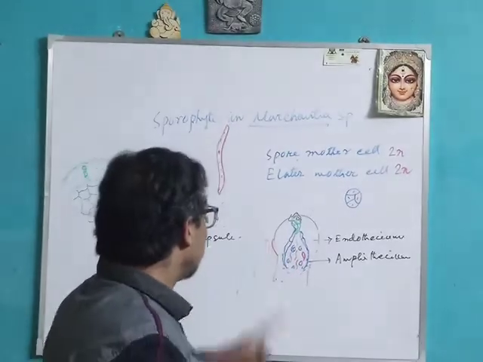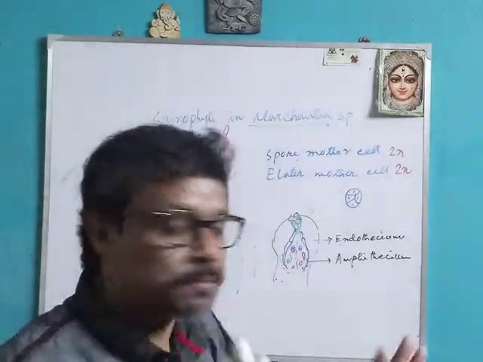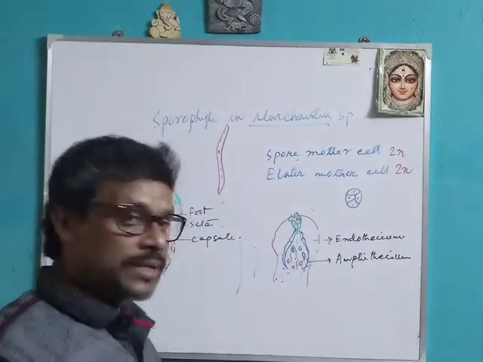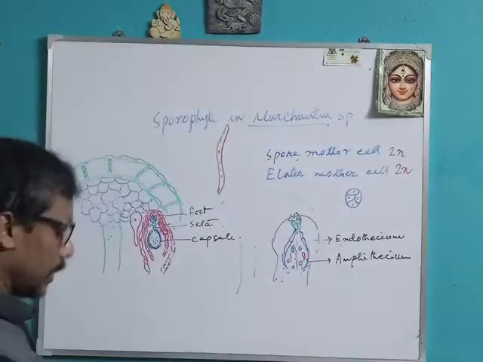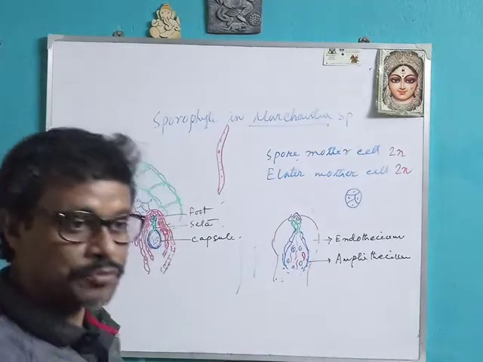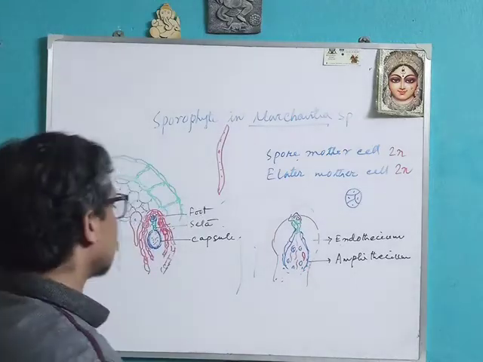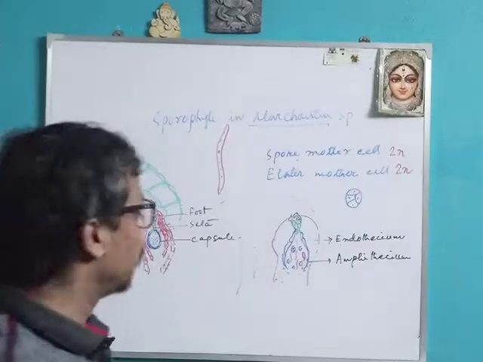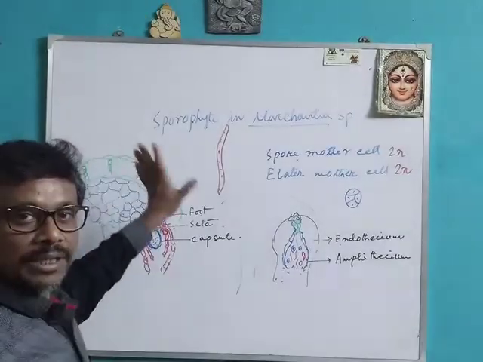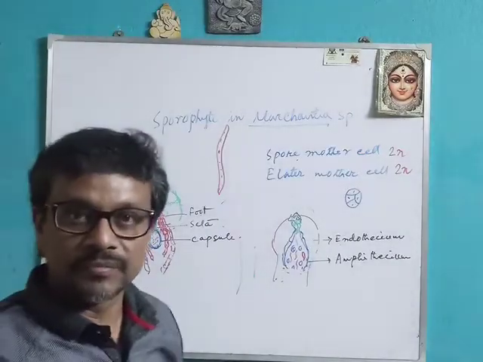So ultimately elaters are made for better dispersion of these spores. The spores are haploid; reaching a suitable substratum on the ground, they divide and redivide to give rise to a haploid plant body, like the normal plant body of Marchantia we have seen.